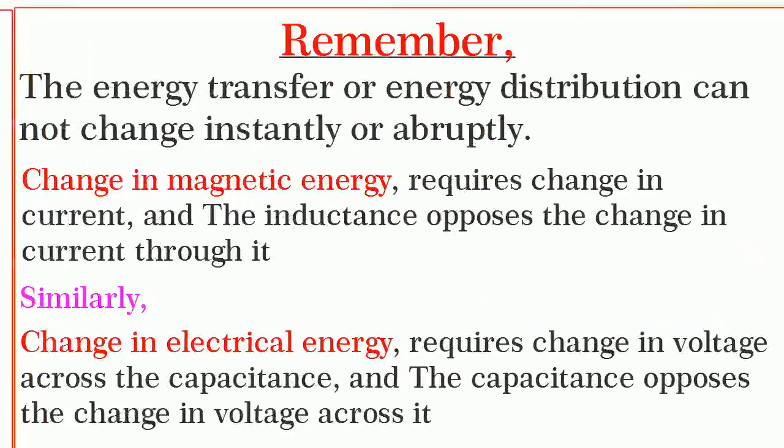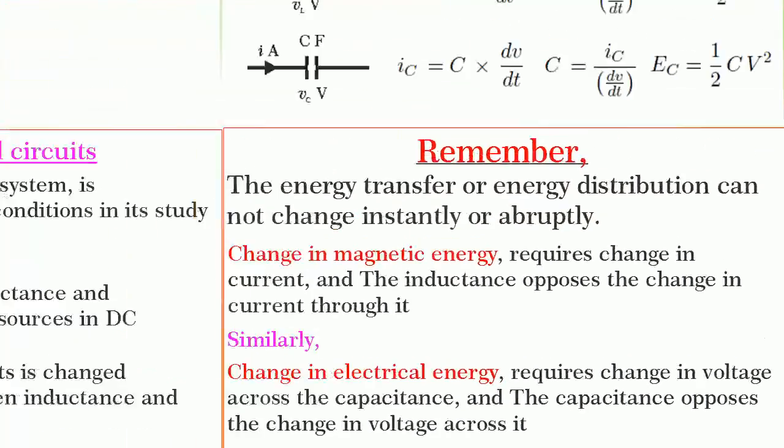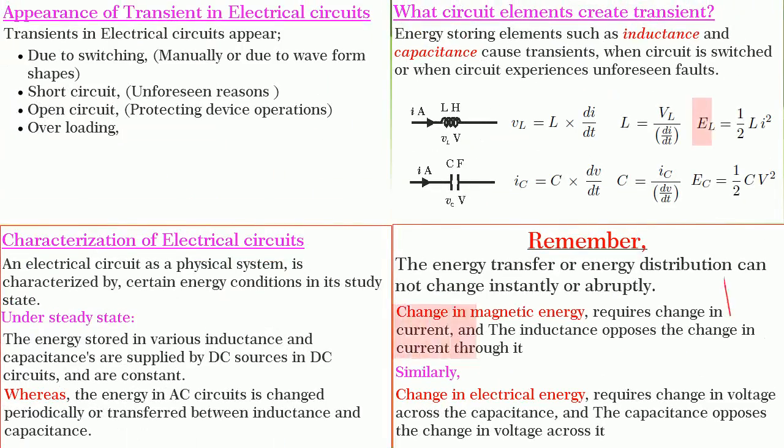But friends, remember, energy transfer or energy distribution during transients cannot happen instantly or abruptly, because a change in magnetic energy requires a change in current, but inductance will oppose the change in current. Similarly, a change in electrical energy requires a change in voltage and the capacitance element will oppose the change in voltage.